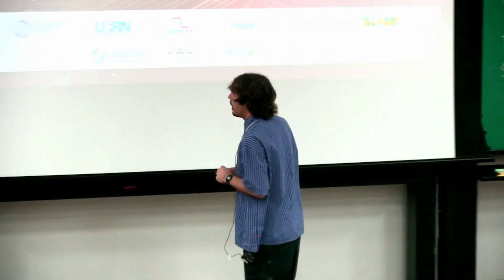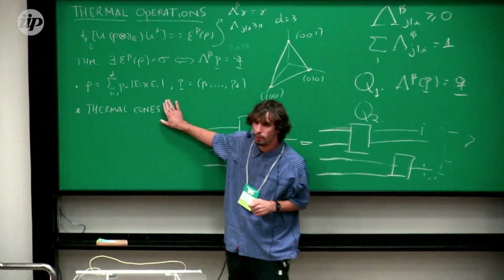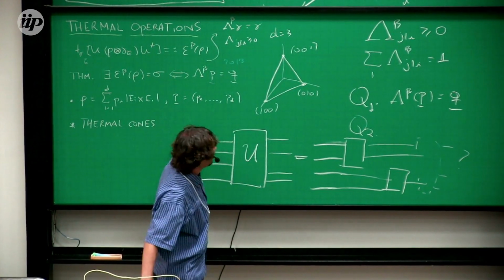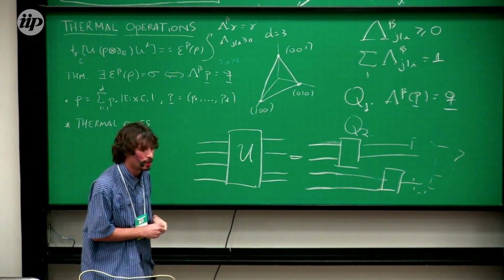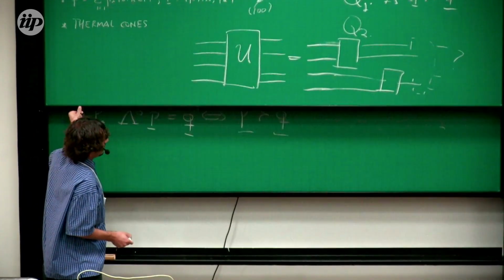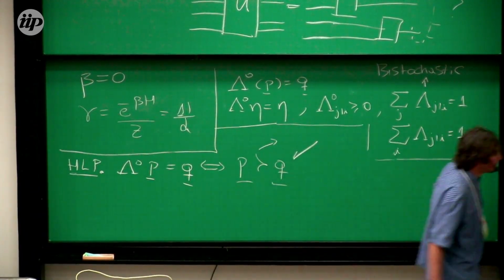Now I would like to come to the second question, which is this idea of thermal cones. What is the set of states that you can achieve if you are allowed to apply stochastic matrices? And as Richard said, there is a very beautiful theorem.